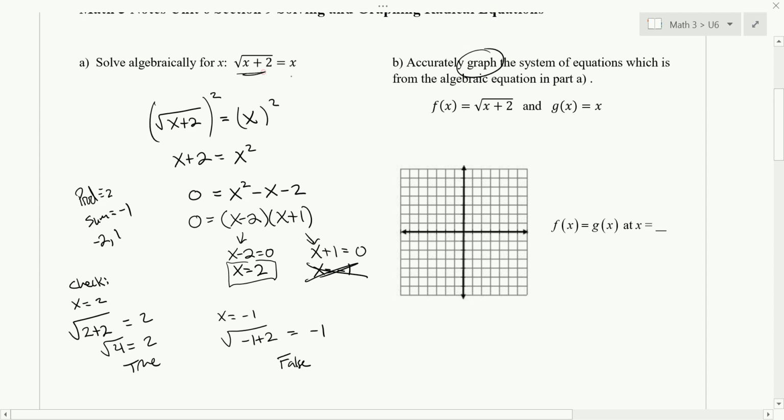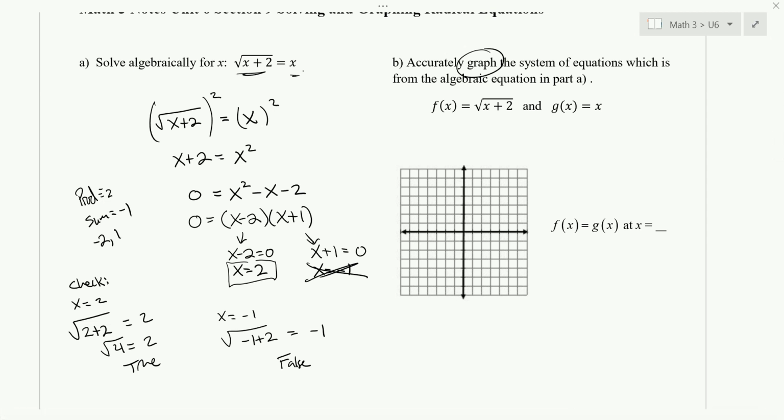That's the left side's f of x and the right side is g of x, right? And if we graph them, how's that going to relate to what we got over here, x equals 2? What are we going to see in our graph at x equals 2? What's that, Xavier? They should cross at that point, right? Okay, or intersect at that point.